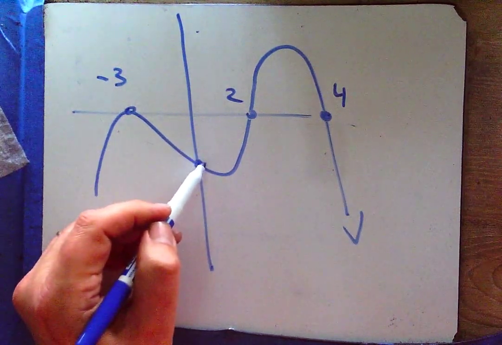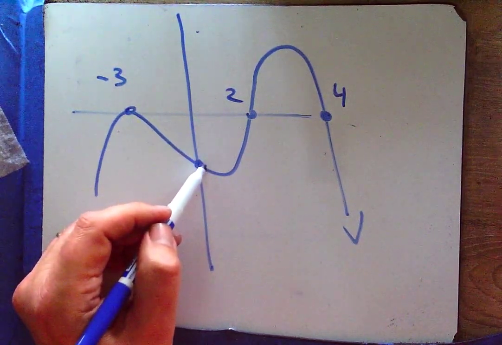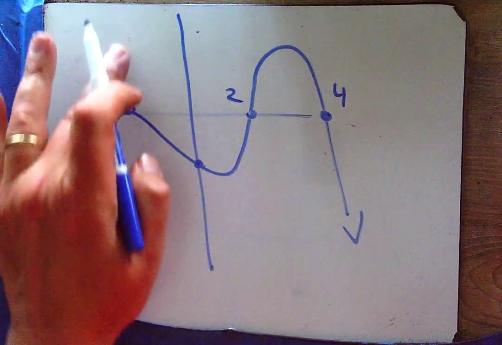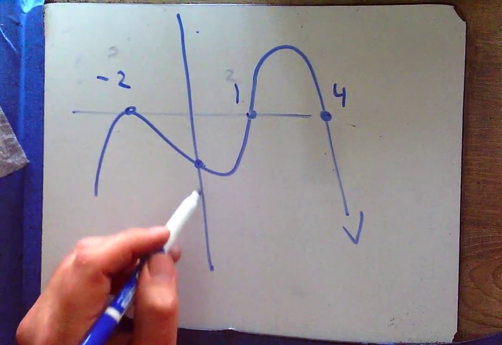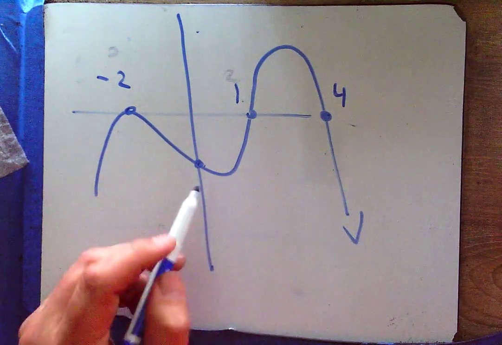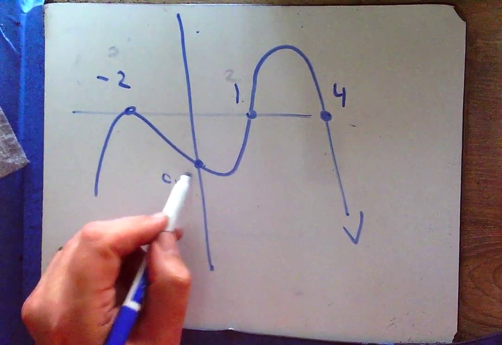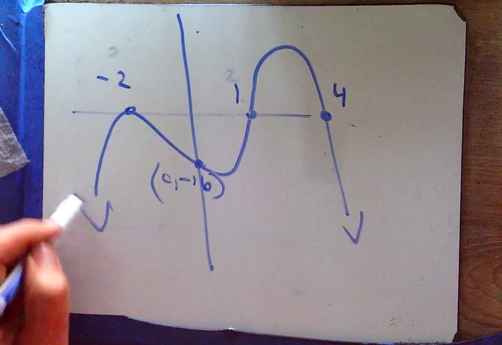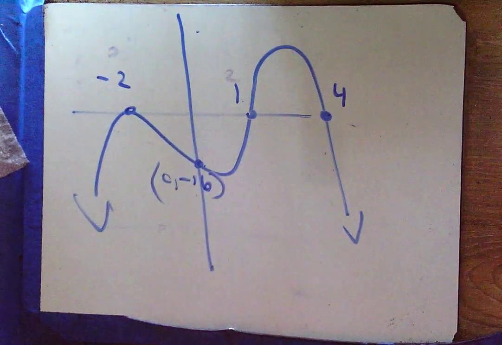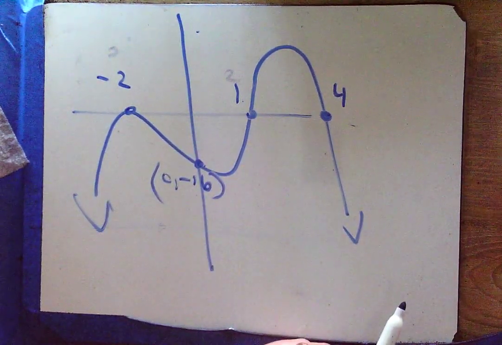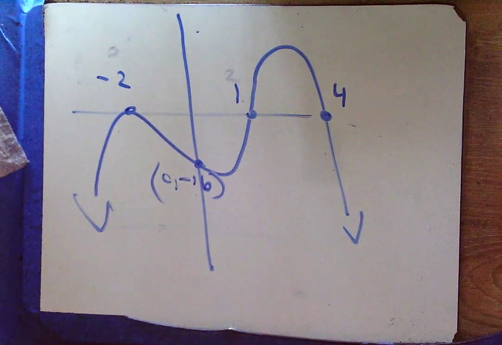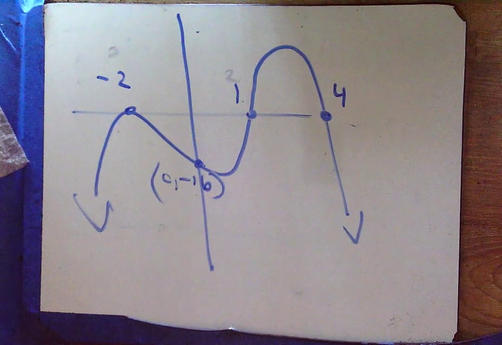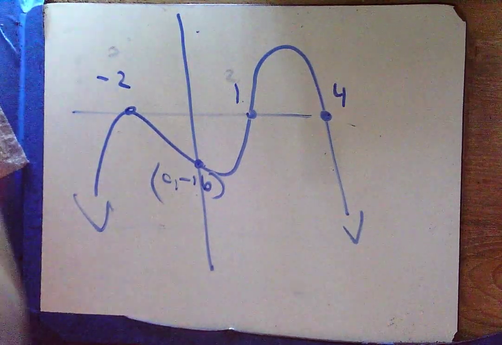And this point, sorry, I'm going to make it negative, or else I won't know what the y-intercept is supposed to be without a whole lot of thinking. So this is 0, negative 16. Okay, please write the equation for this polynomial. Is it even or odd degree? What do you think? I think even as well. Come back after you've given it a try, and we'll compare answers.